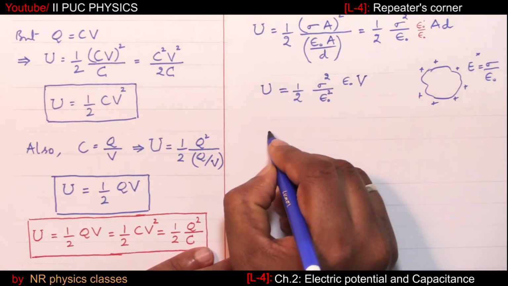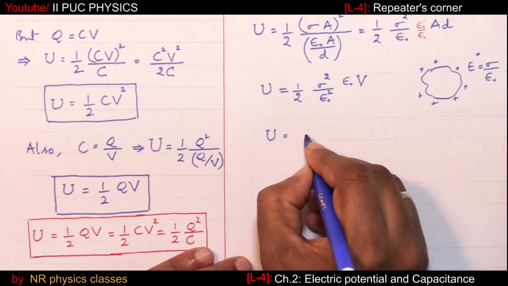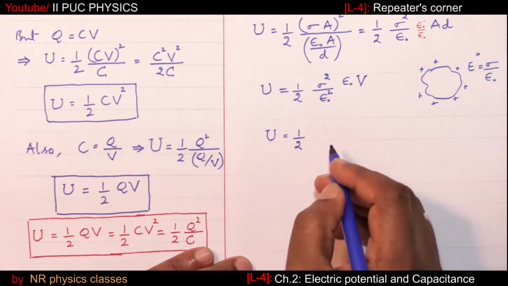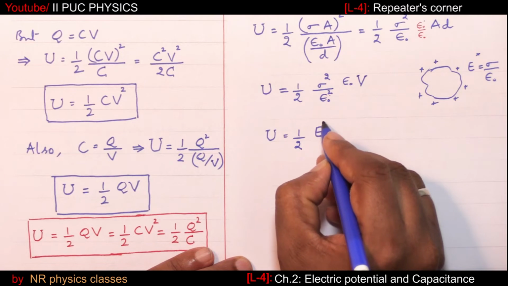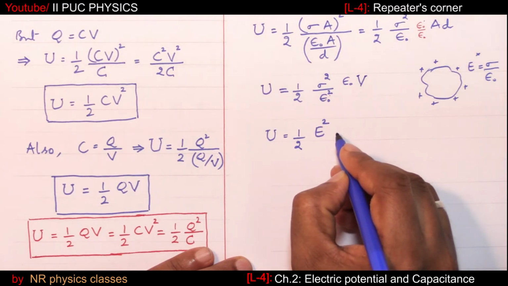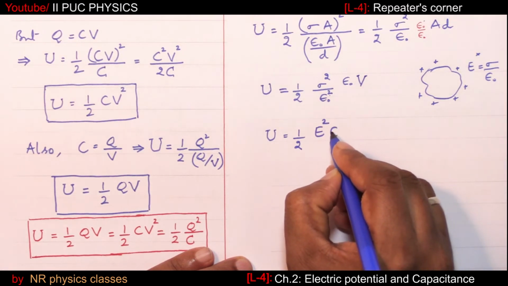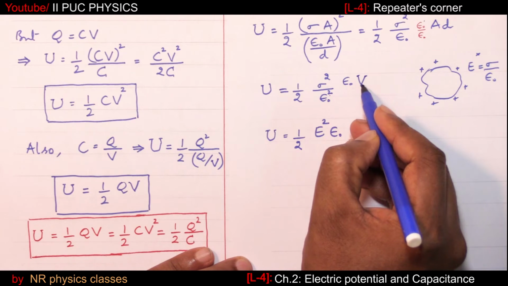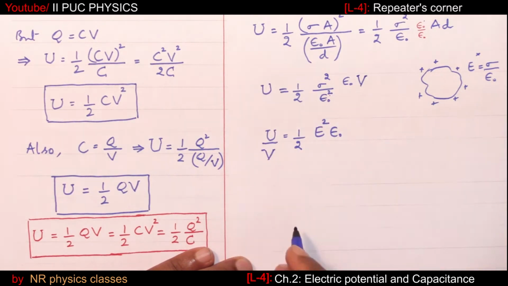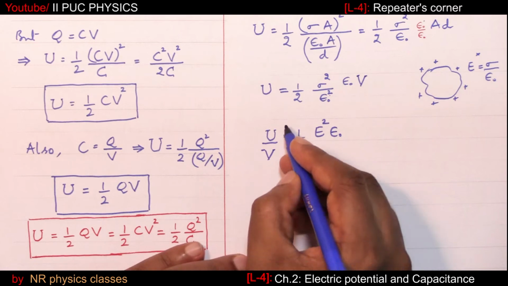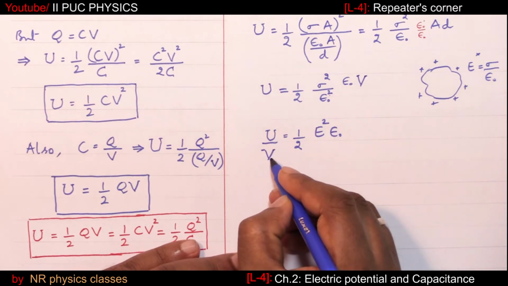Therefore, potential energy equals half, sigma square by epsilon naught square is E square, epsilon naught. Let me take this volume to the other side. Divide this by V. So what is left on the left hand side? Potential energy by volume.